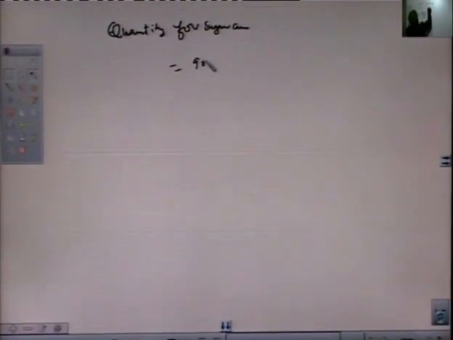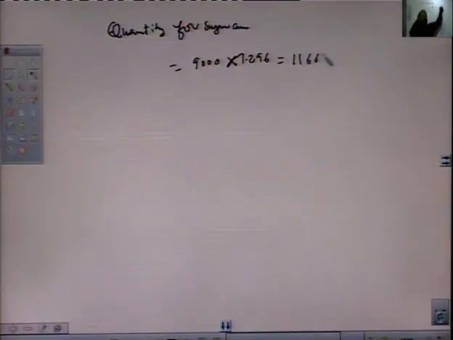First is quantity for sugarcane: this is 9,000 area multiplied by depth delta, which is 11664 hectare meter.